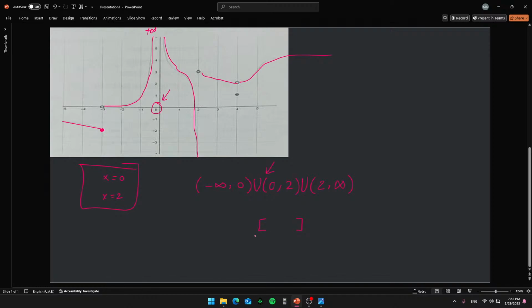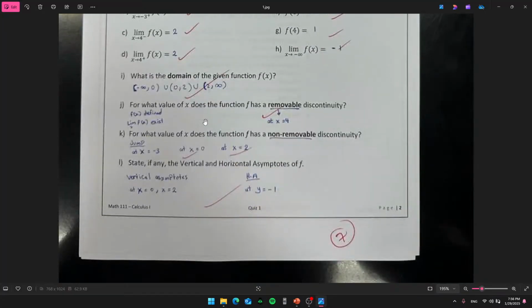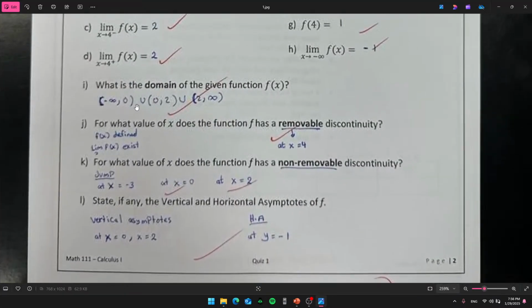Brackets are when you want to include them in the domain, but I want to exclude 0 and 2, so I use regular parentheses. So that's the domain of the function. Let's see the answer. Yep, negative infinity to 0, 0 to 2, and 2 to infinity.